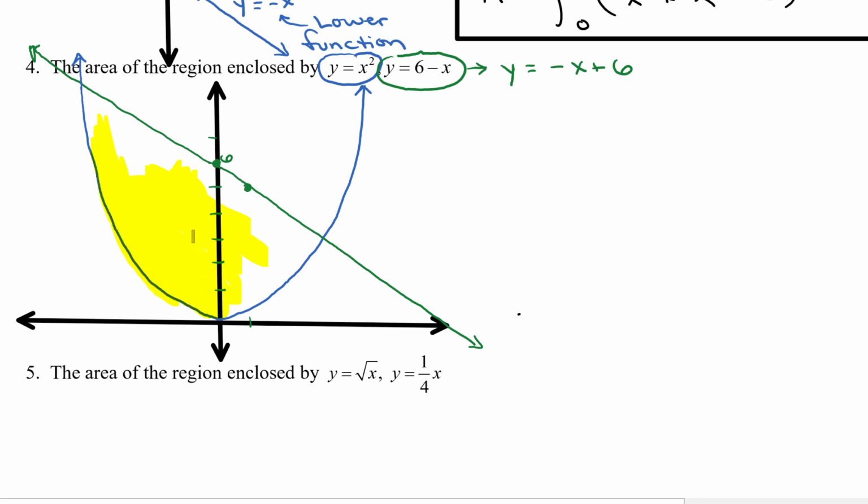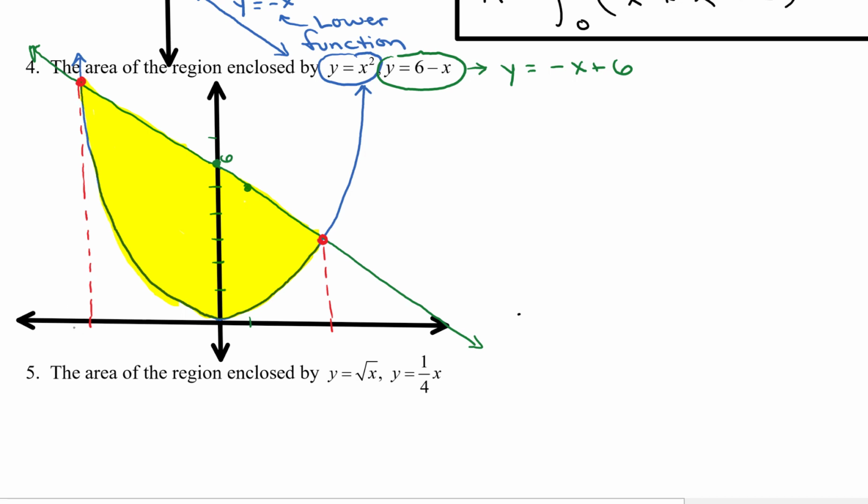We're trying to set up a definite integral that will find us the area bounded by these two functions. I'm going to draw a red point right where the two functions intersect on both ends.